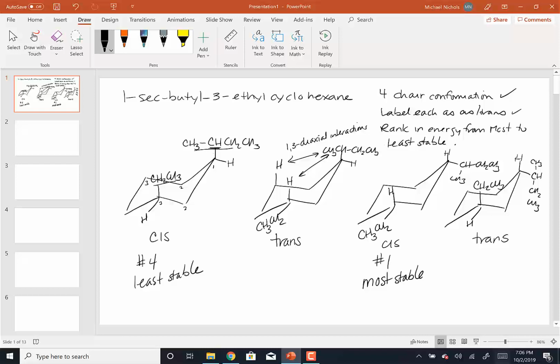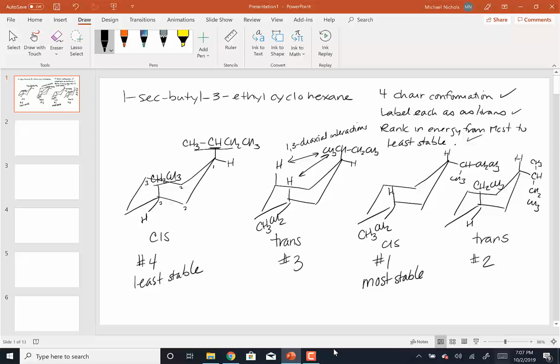Sec-butyl. So having the sec-butyl group being larger, it would prefer to be equatorial than axial. So in both of the trans conformations here, they have to be one axial, one equatorial. So in this case, this would be number 2 because the large group is equatorial. And then number 3 would be this one because now the larger group is axial. So now we've ranked them from number 1 to number 4.